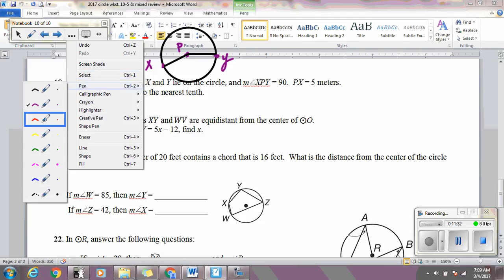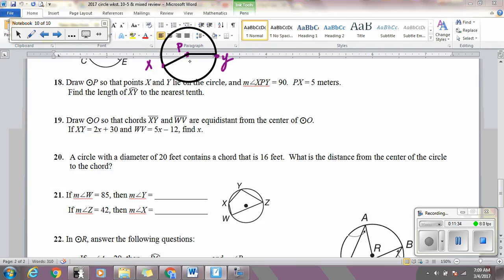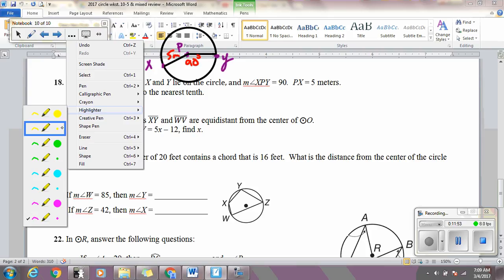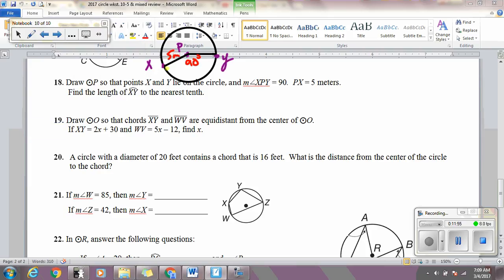Obviously, my illustration is not drawn to scale, but this angle is 90 degrees. It also informs us that P to X is 5 meters. It wants us to find the length of arc XY. So we're finding the length of this arc right here.